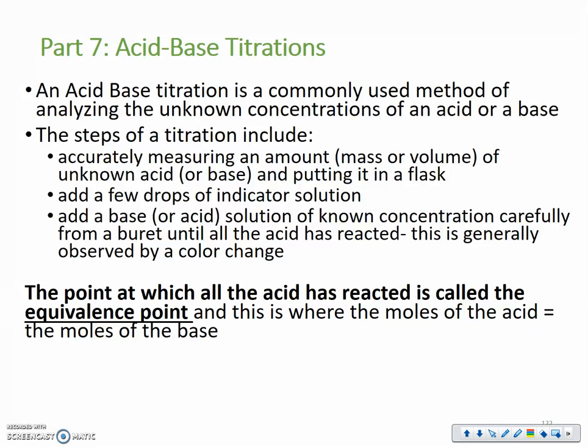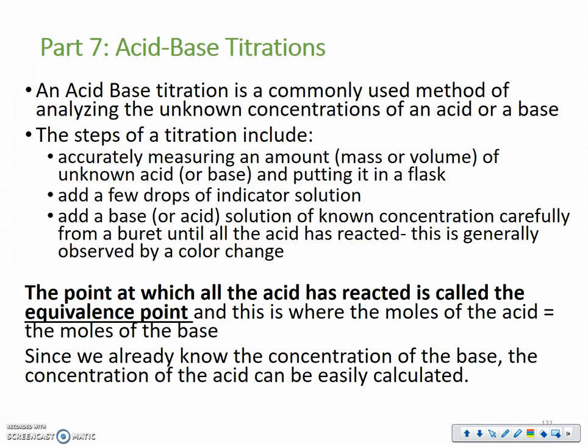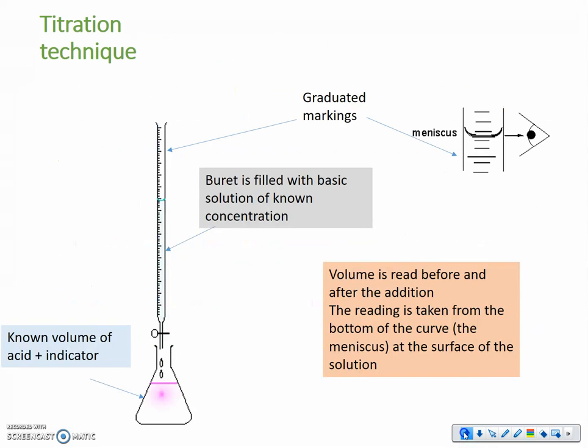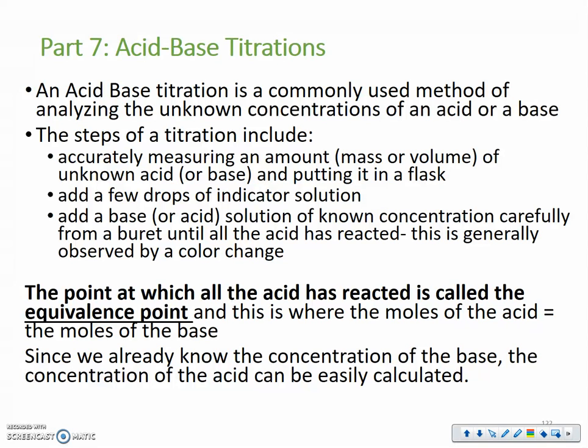So the point in which all of the acid has reacted is called the equivalence point, and that's where the moles of the acid equals the moles of the base, which is an important component.